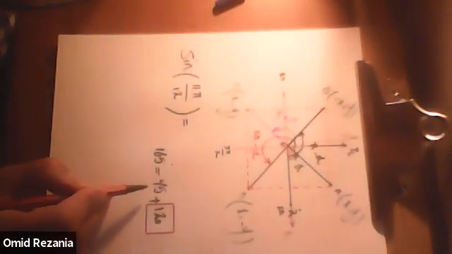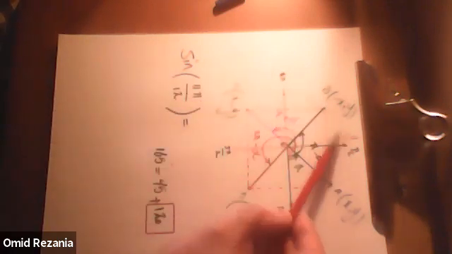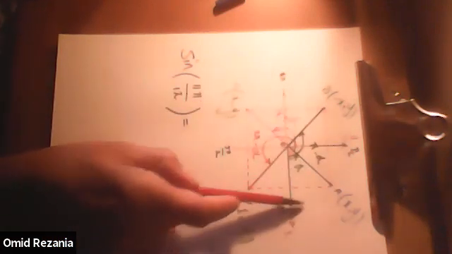I know 45. 45 is a well-recognized golden angle in trigonometry. I know its sine, its cosine, all kinds of trigonometric ratios. But 120 is still in the second quadrant, not in the first quadrant, and not one of my reference angles. And that's the problem. I have to process it more to get to that.